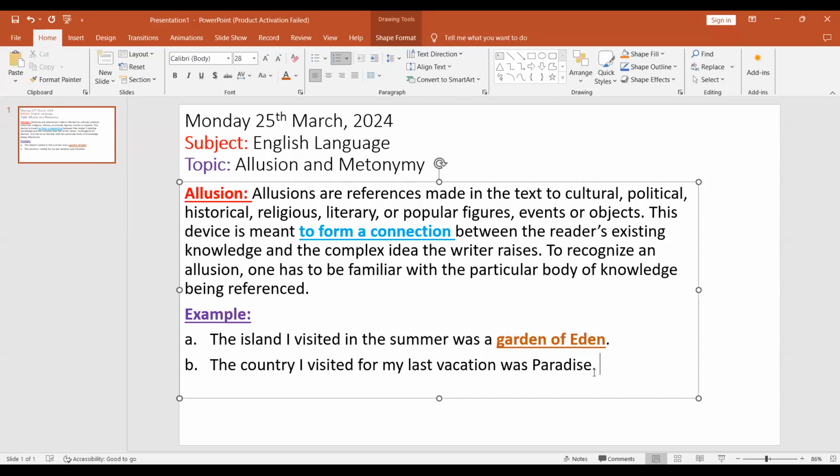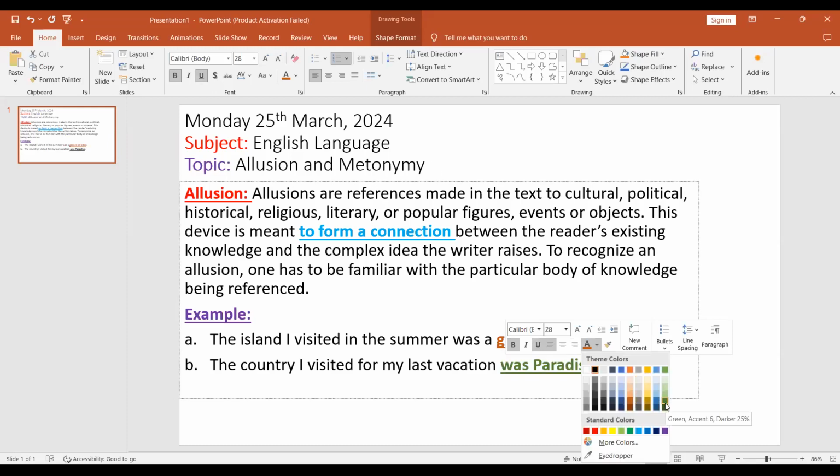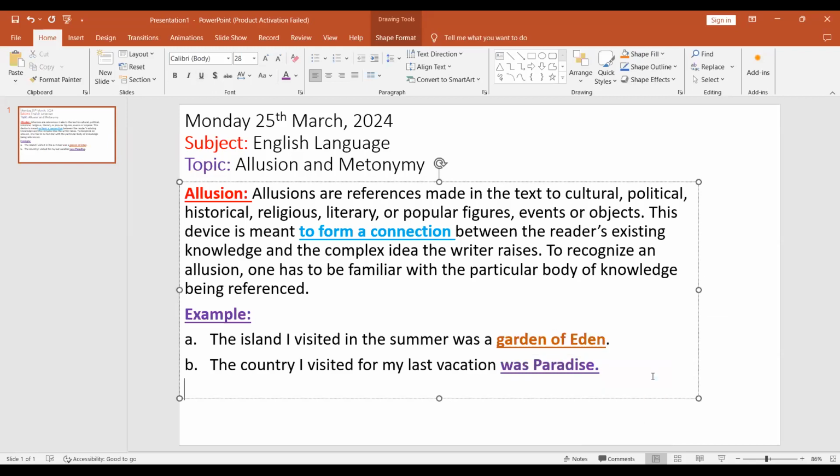So what is the allusion here? Paradise. When I say paradise, what do I mean? Relaxing. Yeah, it's a wonderful place, right? So the allusion is paradise. So you could say paradise, the Garden of Eden. That's the way to describe a beautiful place, right?